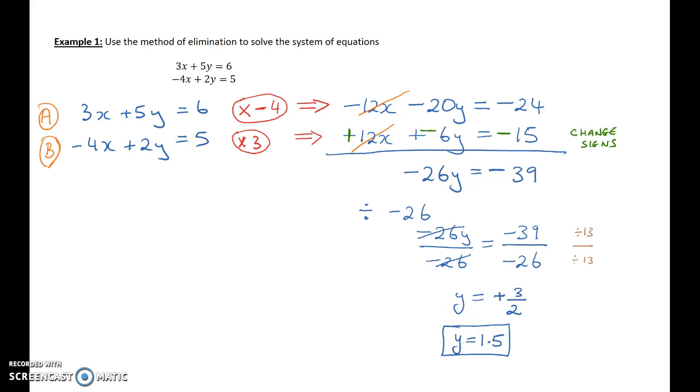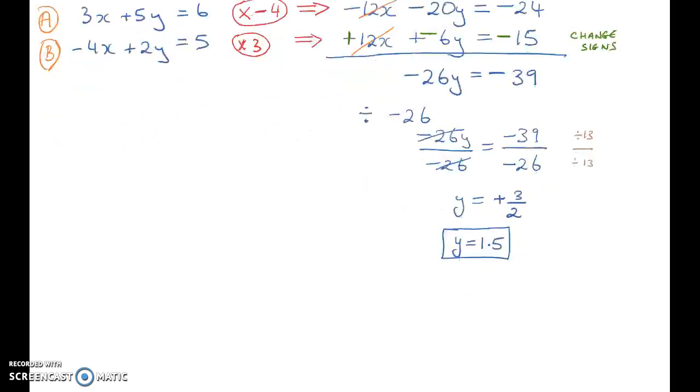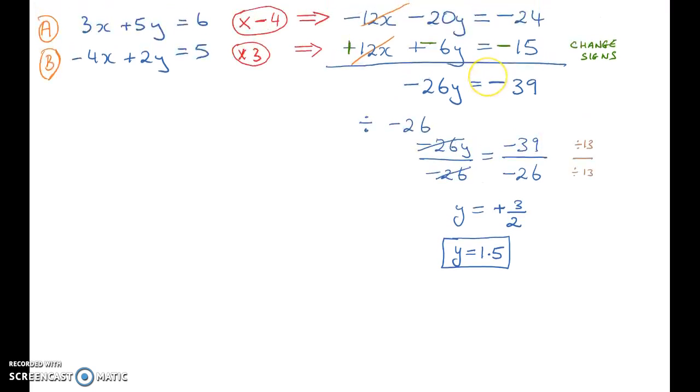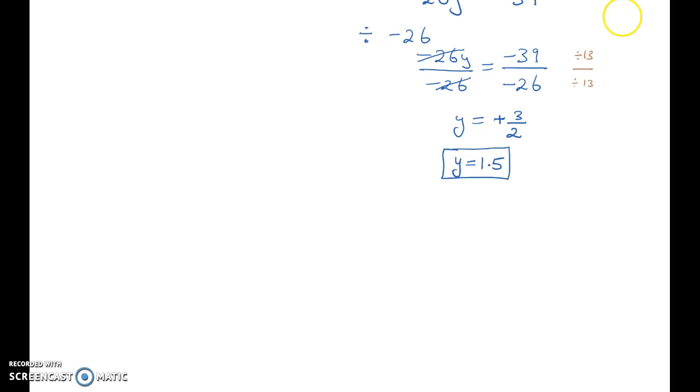Now you're nearly finished, but you've only found one of the variables. What you'll do now is take that value of y and put it back into either of the original equations.